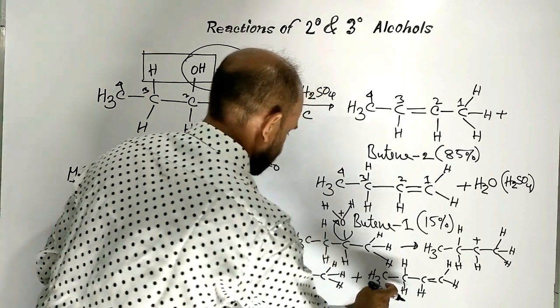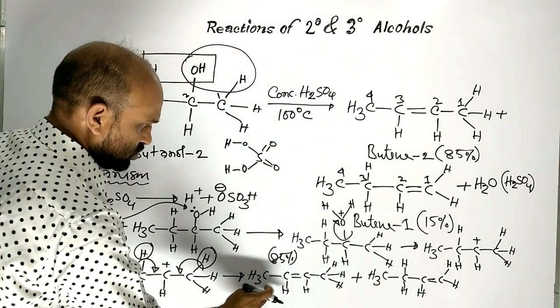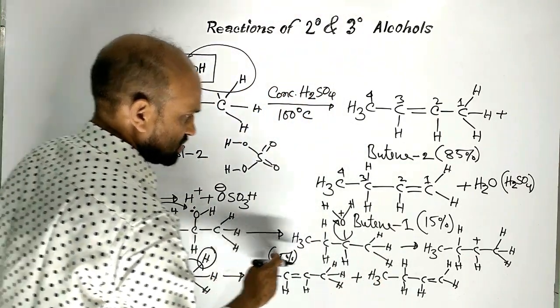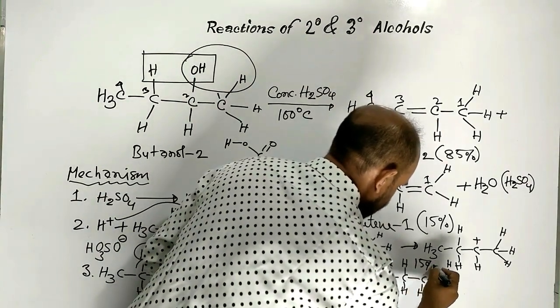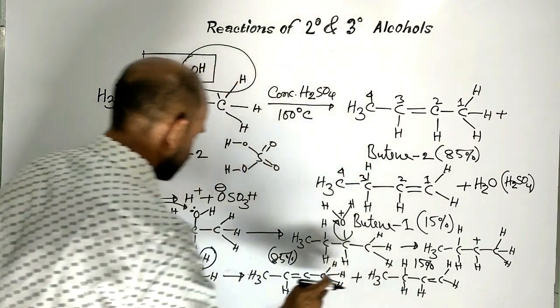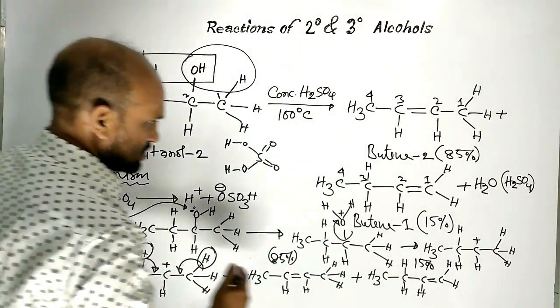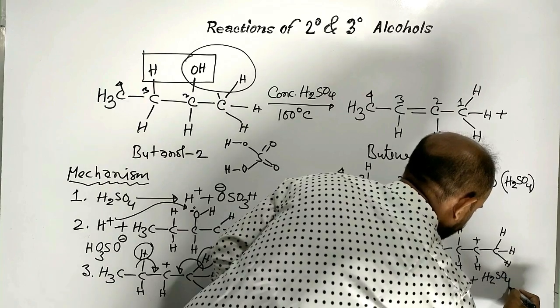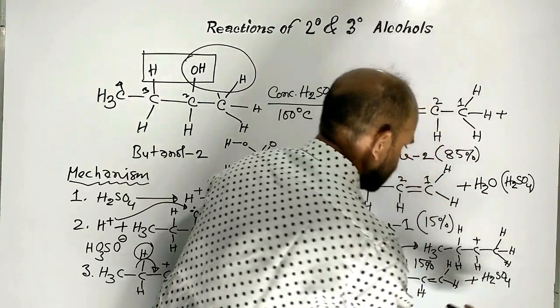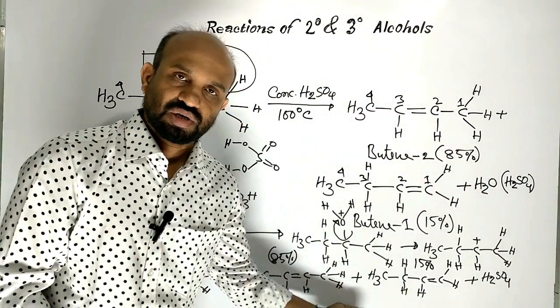Butene 1. Butene 2 85%, butene 1 15%, and sulfuric acid is formed, which brings out water.